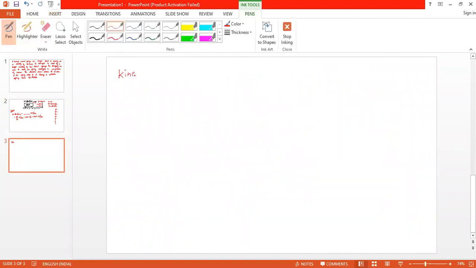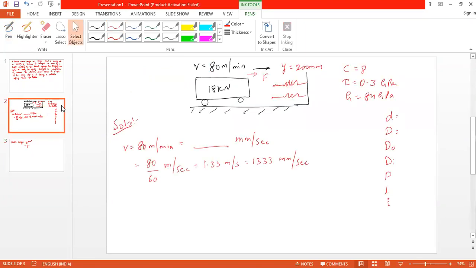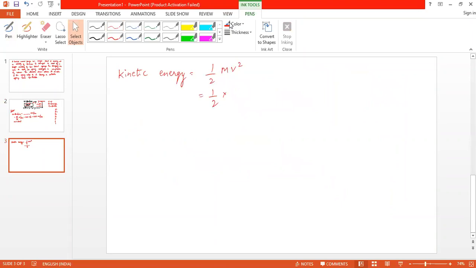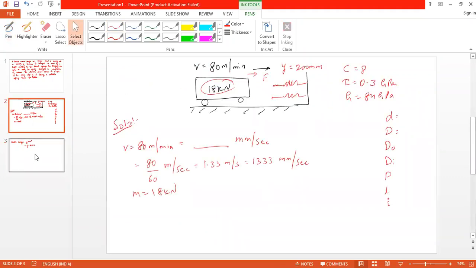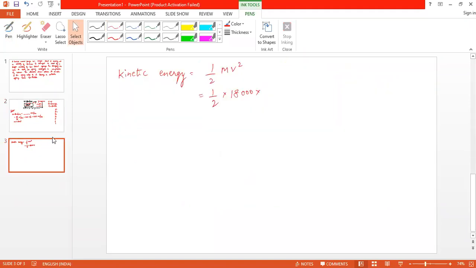Kinetic energy is half m v square. So half into what is the m? 18 kilonewton is the mass. So 18 kilonewton. What is the velocity? 1333 mm per second, so it is 1333 mm per second whole square.